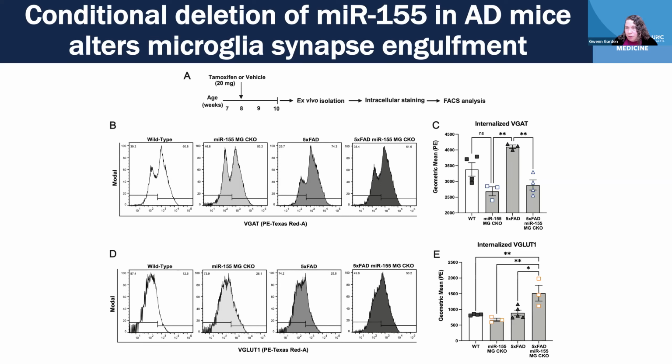At this point, we don't know the circuitry. We've only done these studies by FACS, but our hypothesis is that clearly, even though microglia are more capable of removing A beta, they're also dysregulated in how they are removing synapses in this setting. And it's an important finding to consider when trying to target therapies at microglia and change their A beta internalization.